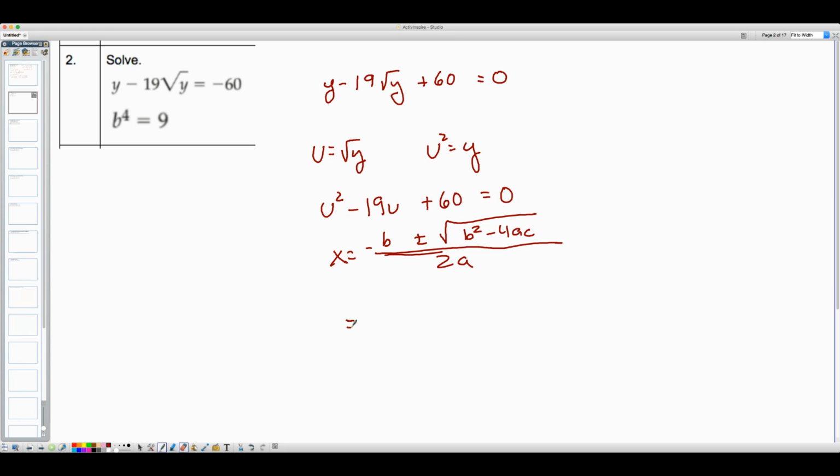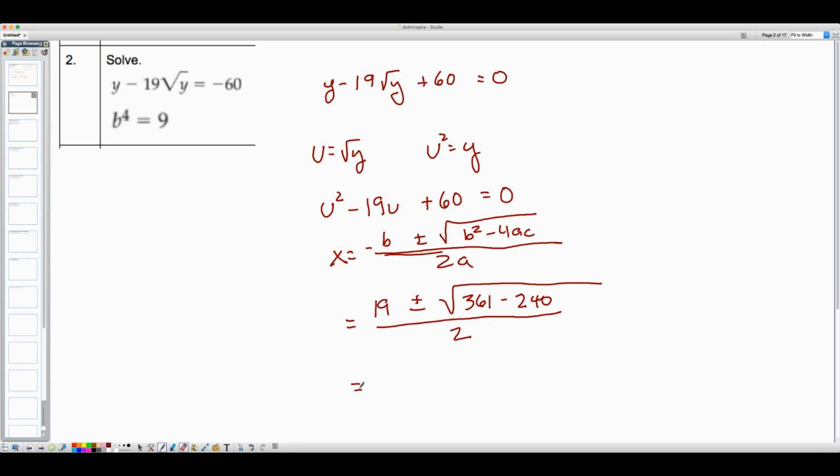If I have negative b, that's 19 plus or minus the square root of b squared, which is negative 19 squared, which is 361, minus 4 times 1 times 60, which is 240, all over 2 times 1, which is 2.